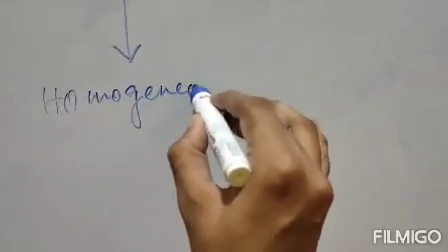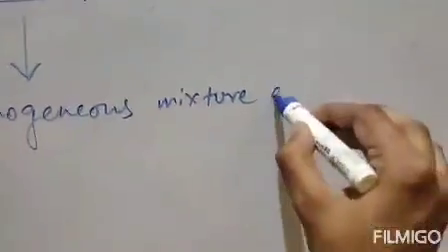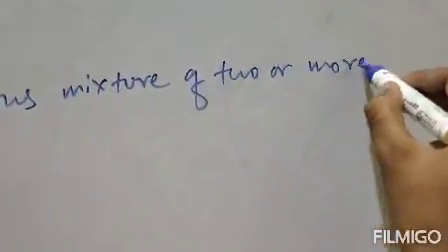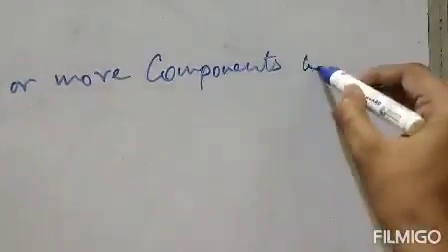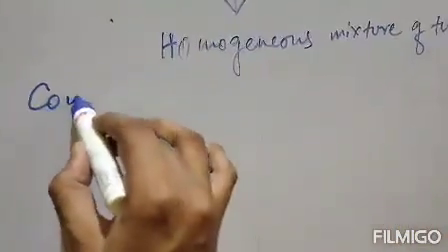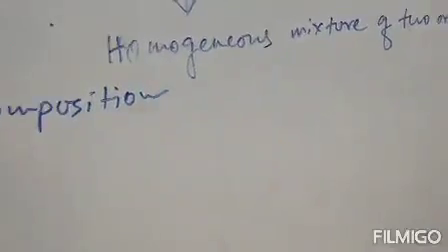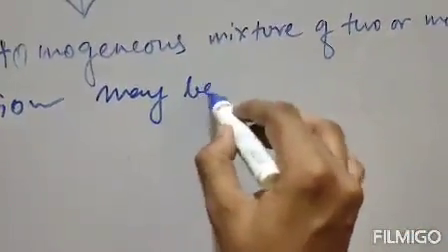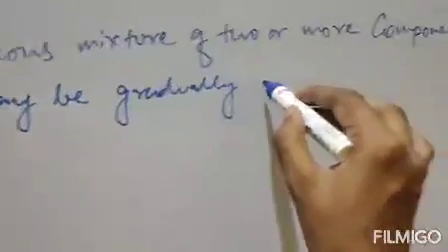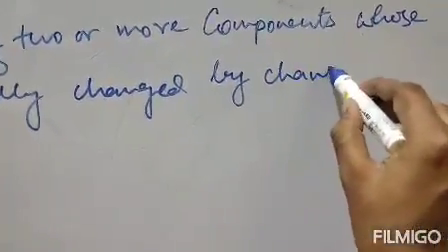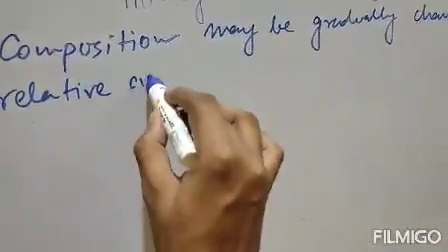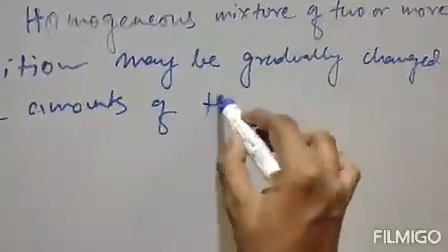So the definition is: a solution is a homogeneous mixture of two or more components whose composition may be gradually changed by changing the relative amounts of the components.